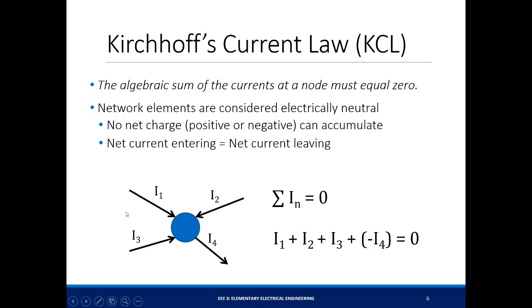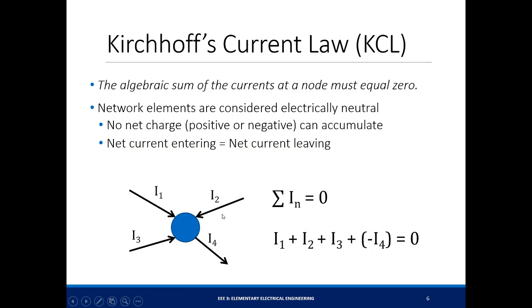So the summation of all currents in this node is 0. Therefore, you get I1 plus I2 plus I3 plus negative I4 equals 0. Why is I4 negative? Because the current is going out of the node. So we just set that the current going in is positive and the current going out is negative.